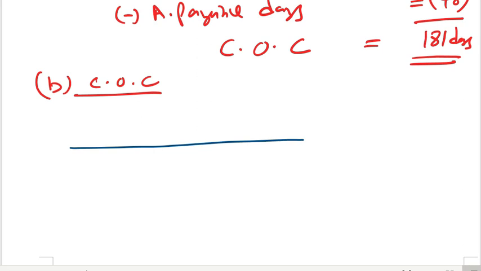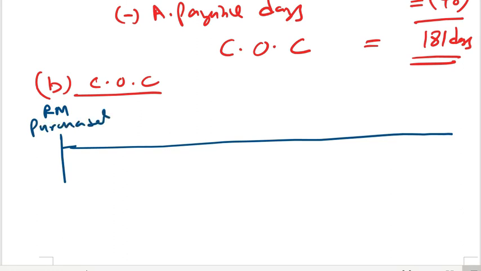So therefore let's take, this is the raw material purchased, and let's say this is payment received. So in between we have to settle our suppliers.